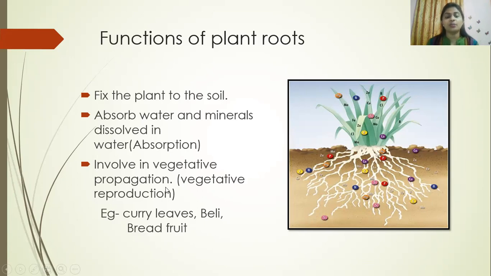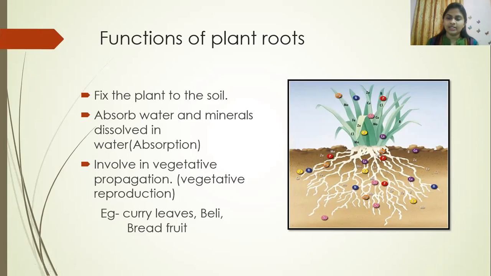Involved in vegetative propagation. What is that? You can write that in your small notebook, the new term. Vegetative reproduction. We call it vegetative propagation too, right? We can get new plants by planting a root system of a plant, can't we? Yes, we can.